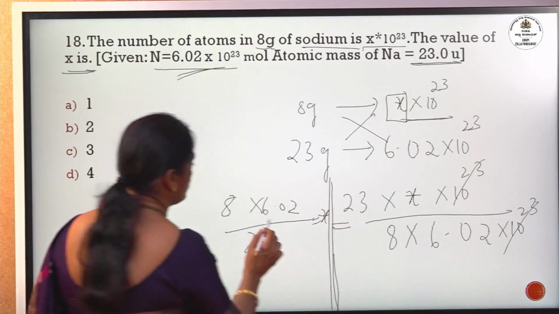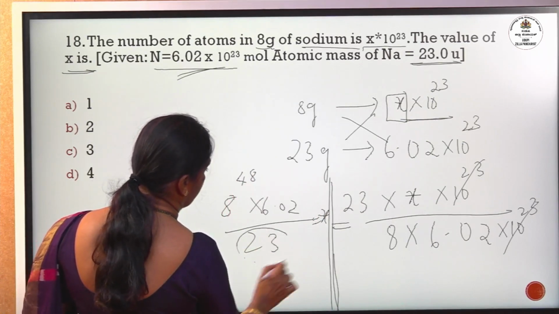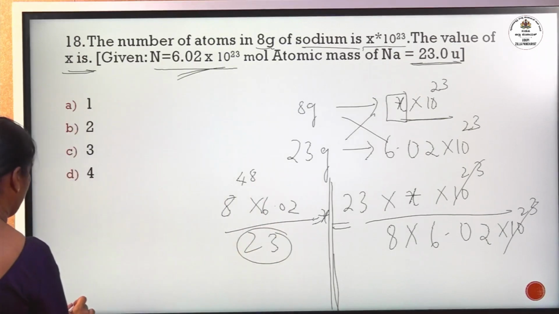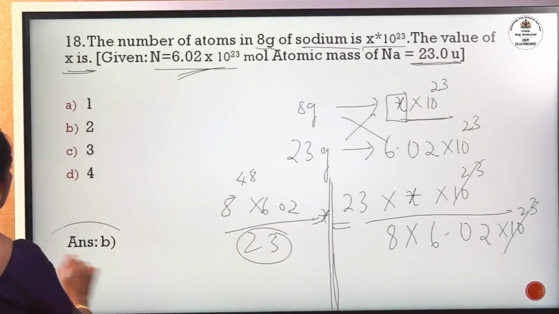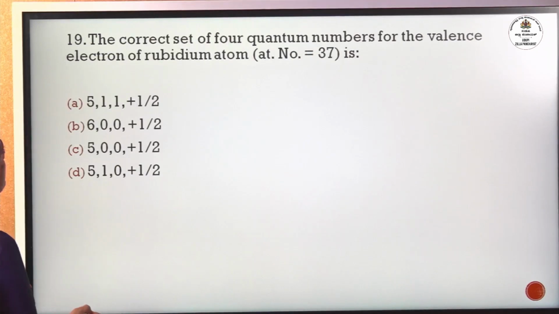So, 8 sixes are 48 divided by 23, which comes around 2. B should be the answer. So, 2 is the answer. So, that is the answer for that question. We will move on to the next question.